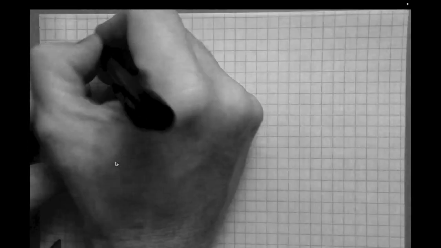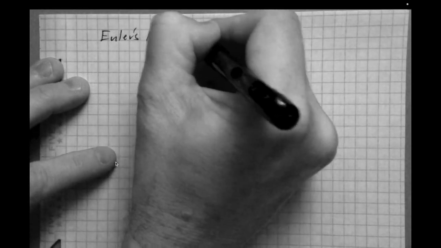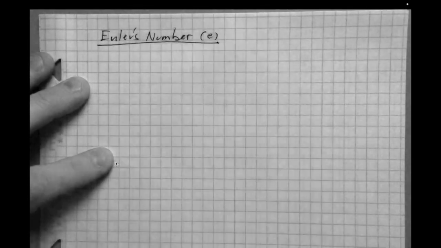This is an example that uses the previous theorem, bounded monotone sequence, to explore the sequence that results in Euler's number. Right, so remember Euler's number. This is e, right?